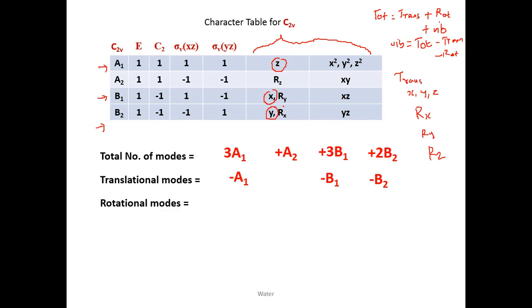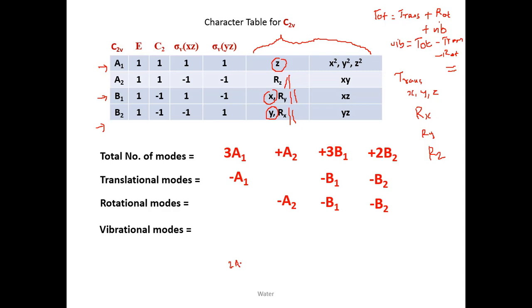You find Rx here, opposite Rx you find B2, you find Ry here, opposite Ry you find B1, you find Rz here, opposite Rz you find A2. So it will be A2 plus B1 plus B2, but these rotation modes have to be subtracted, and so minus A2 minus B1 minus B2. Now the vibration modes, you have to subtract them.